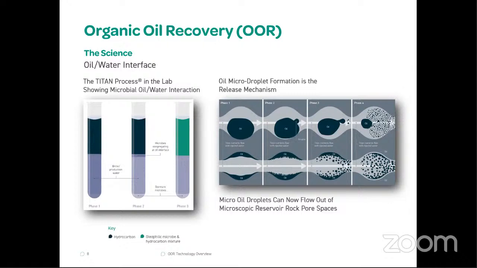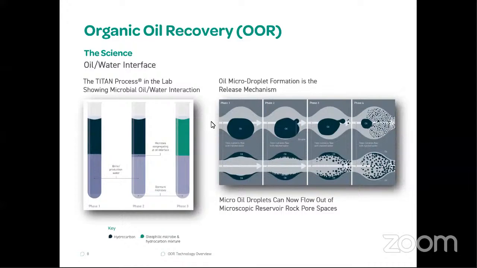So basically what we do is we increase the number of good microbes inside the reservoir, and they boom up to a large number, millions and billions of microbes in the reservoir, in just hours. If we see there are two phases, this is the oil-water interface.